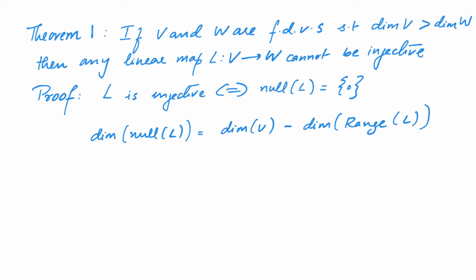But notice that range of L is a subset of W. Therefore, dimension of range of L is less than or equal to dimension of W. And thus we see that dimension of V minus dimension of range of L is greater than or equal to dimension of V minus dimension of W. In other words, dimension of V minus dimension of W is greater than 0.